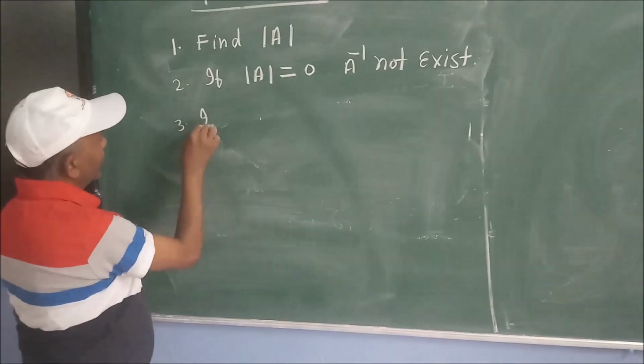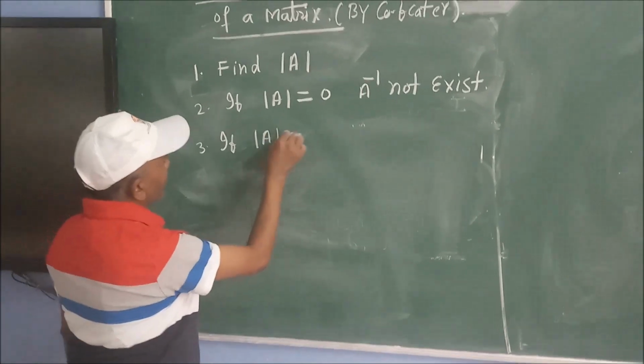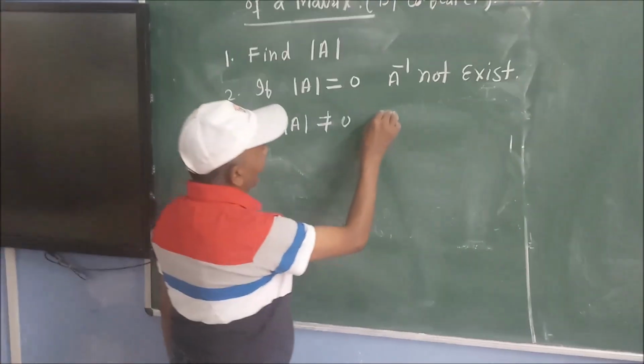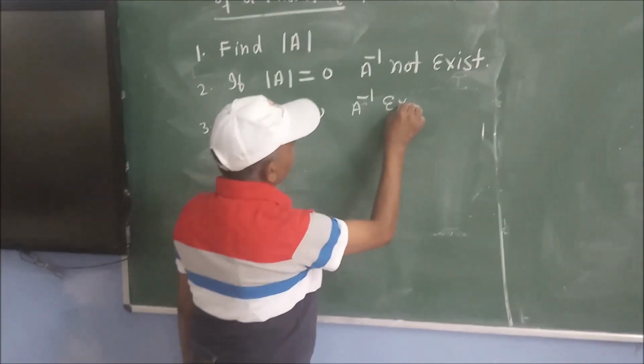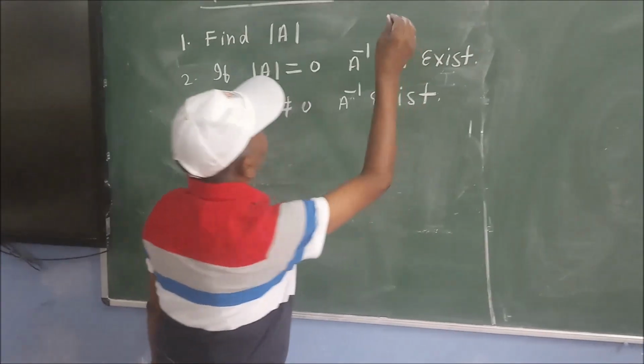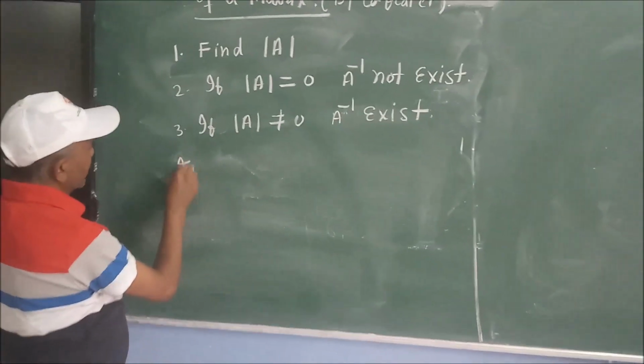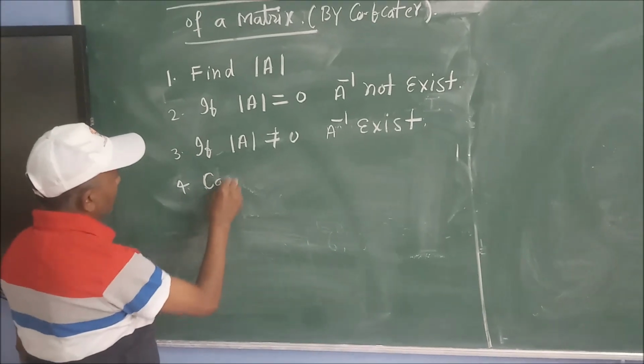Third, if determinant of A is not equal to 0, A inverse exists.